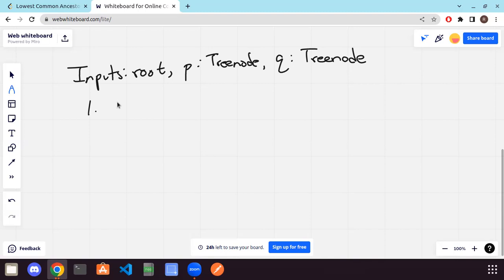Let cur be some random node in a tree. And what happens if p is less than cur and q is also less than cur? In this case, when both p and q are less than cur, we're going to go down the left subtree.